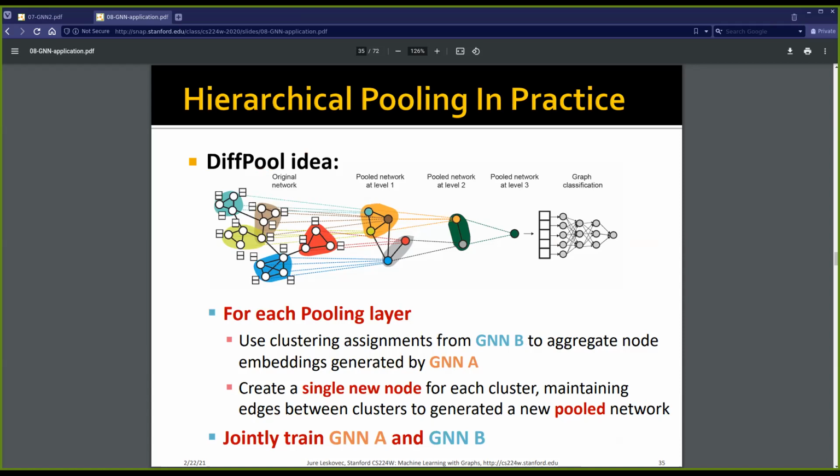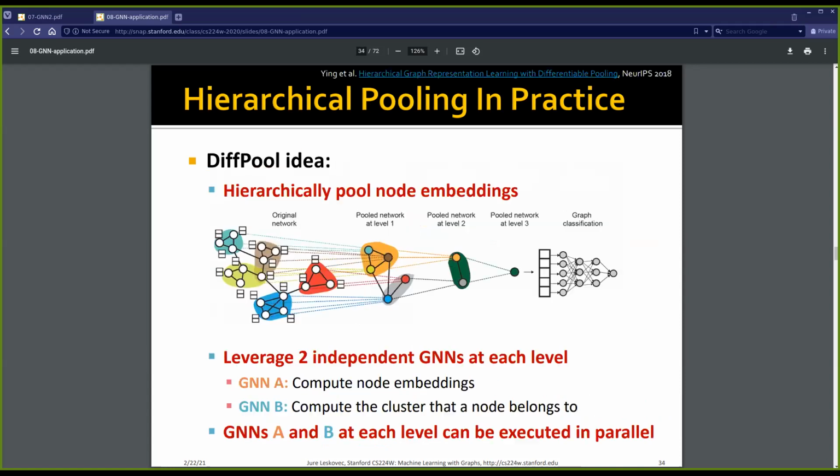And at each round, we have an update of the embedding. And then we use that to create clusters with any clustering algorithm. Not update really the cluster. But you use another GNN for that.